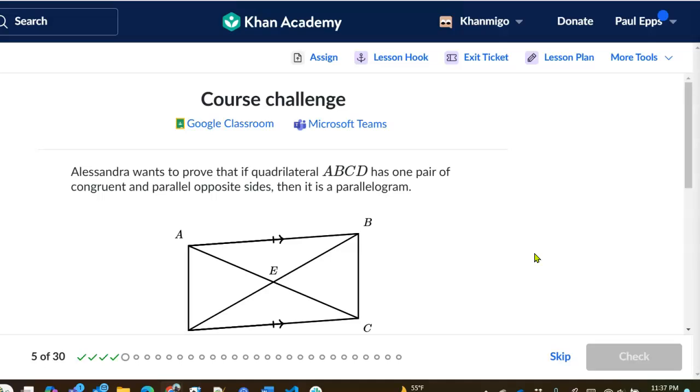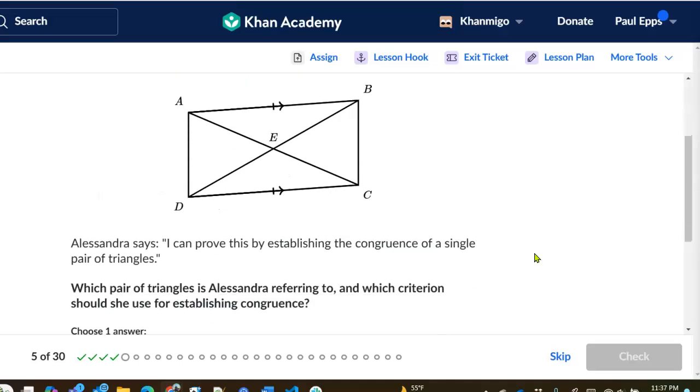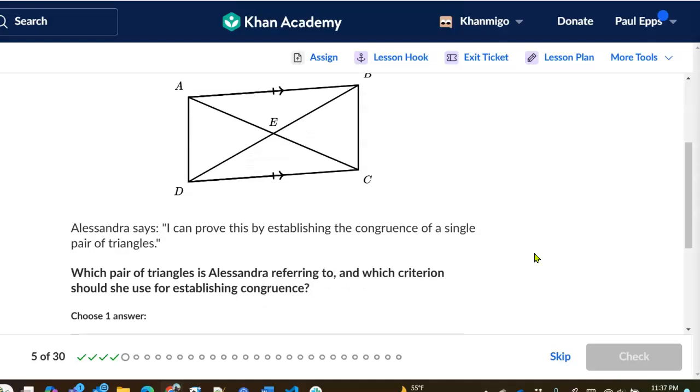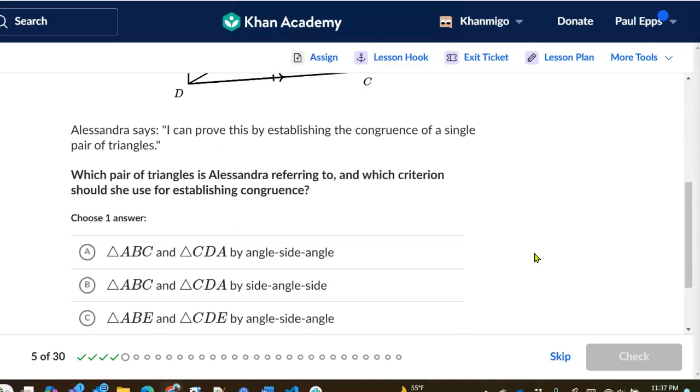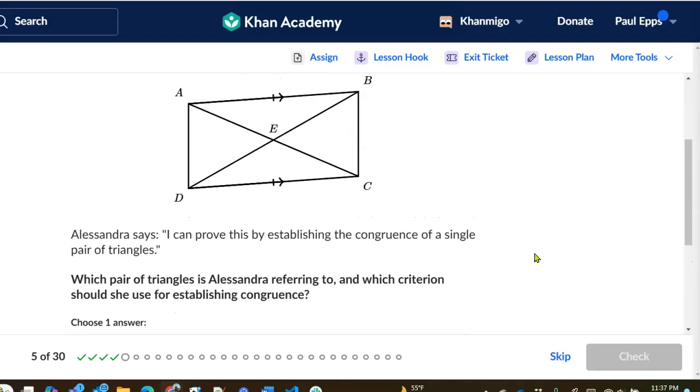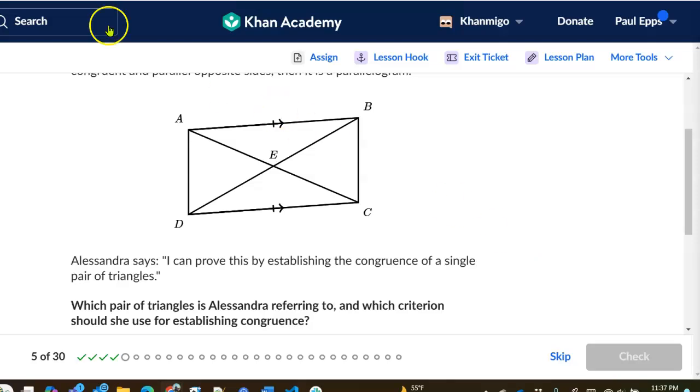I can prove this by establishing the congruence of a single pair of triangles. Which pair of triangles should you be referring to? And which criterion should you use for establishing congruence?